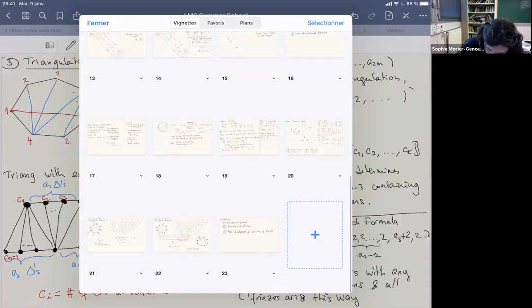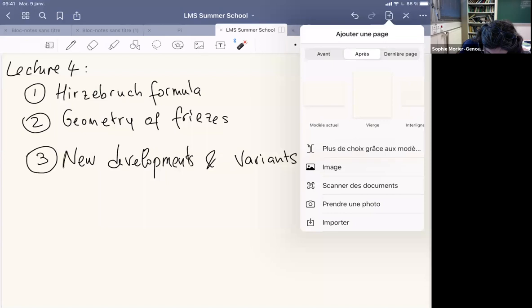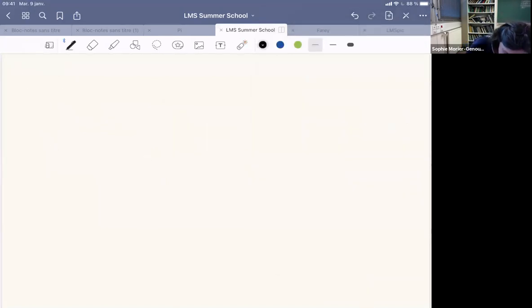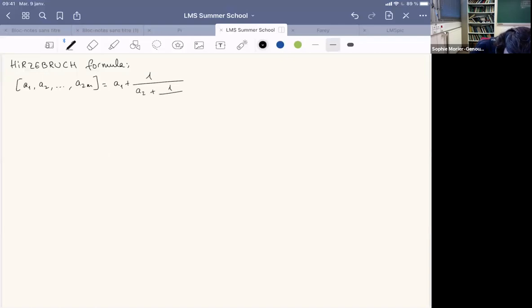Okay, so go back here. The formula, I repeat again. I write between brackets the sequence of A. That means that I'm considering a number.